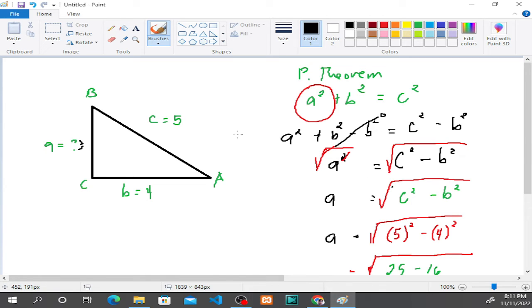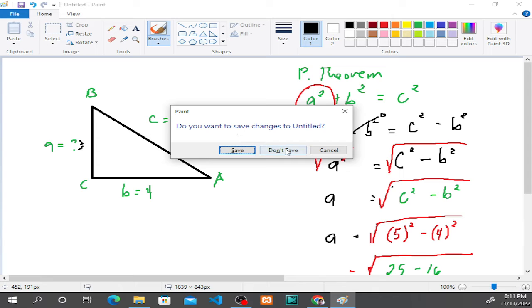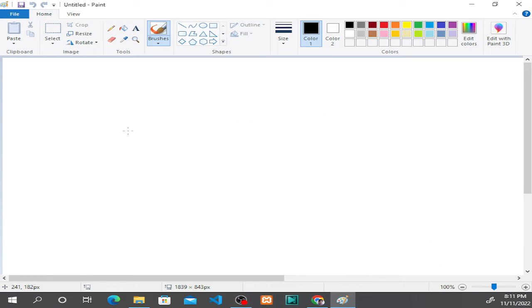Okay, so aside from measuring the sides of the right triangle, trigonometry is also associated with measuring the angle. So we have 6 trigonometric functions that help us to find the angle.